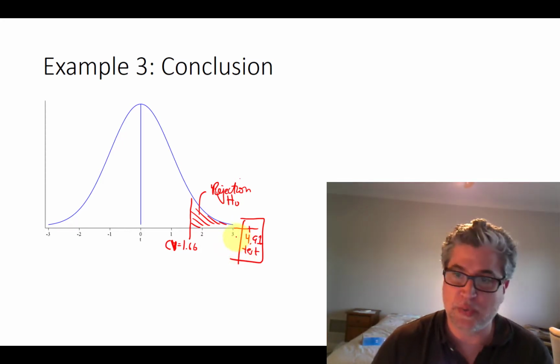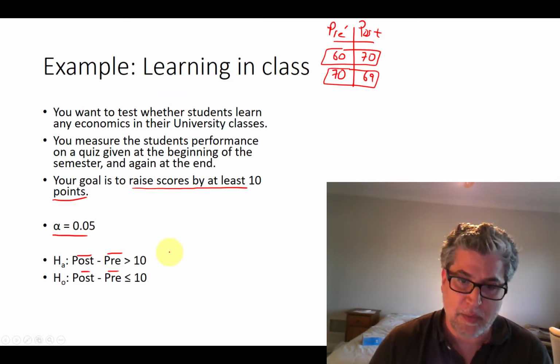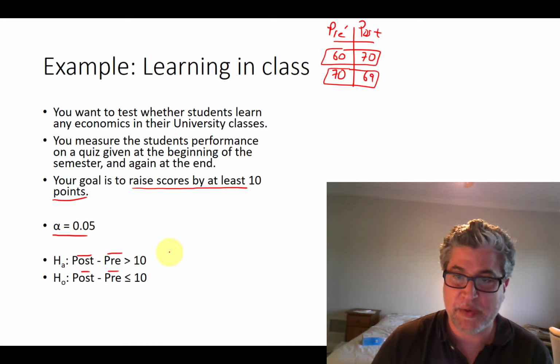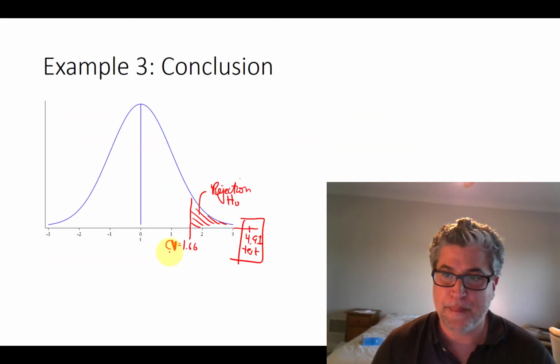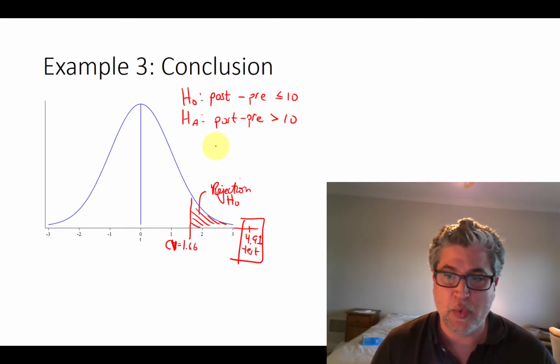Now, just to summarize, what was our null hypothesis? It was that post minus pre is less than or equal to 10. Our alternative hypothesis was that post minus pre is bigger than 10. We've just rejected the null.